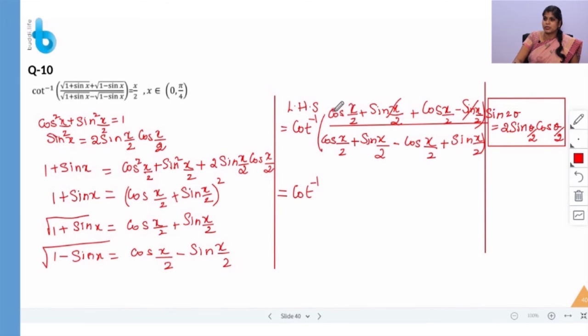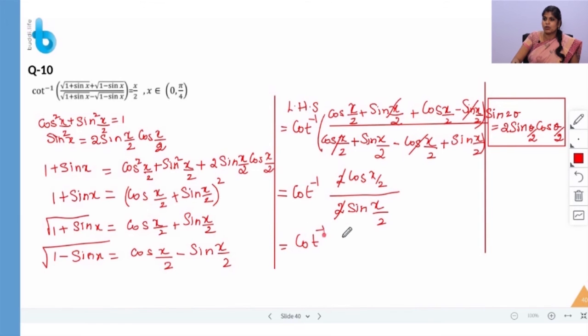Cos x by 2 plus cos x by 2, which is 2 cos x by 2, divided by, again, cos x by 2 and minus cos x by 2 will become 0, and you are remaining with 2 sin x by 2. Okay, here again 2 gets cancelled. Cos x by 2 and sin x by 2 is nothing but your cot x by 2.